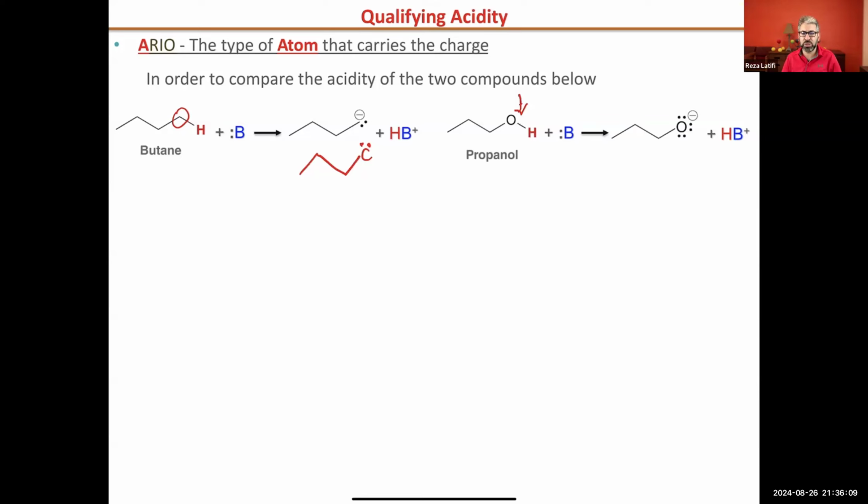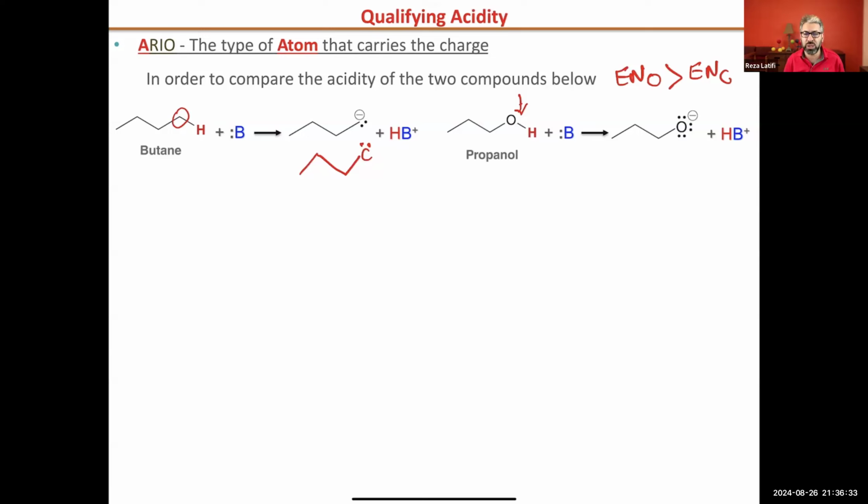Now let's compare them. Which one is more stable? One has the negative charge on carbon, the second one on oxygen. Oxygen is more electronegative than carbon. What does it mean? If you are supposed to have a negative charge, it should be on oxygen, and oxygen is more capable of handling the negative charge than carbon.